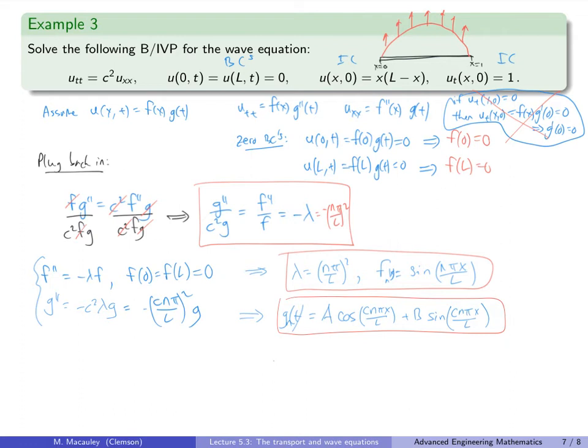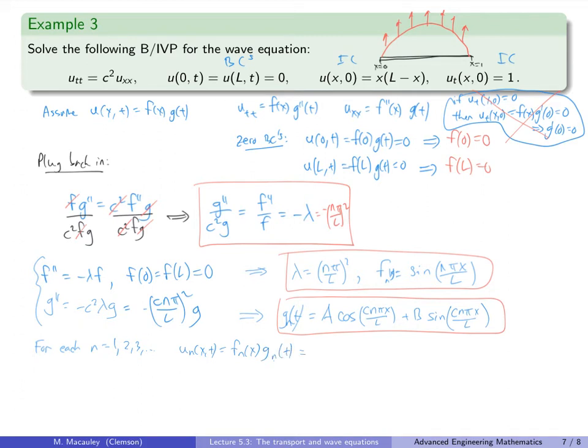So now what we have is a solution. For each n, so what about n equals 0? If n equals 0, then this is 0, so we don't get anything. So for each n, 1, 2, 3, etc., we have a solution u_n(x,t) equals f_n(x) times g_n(t).